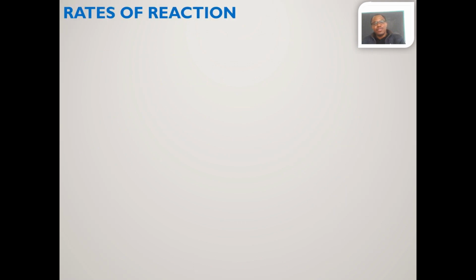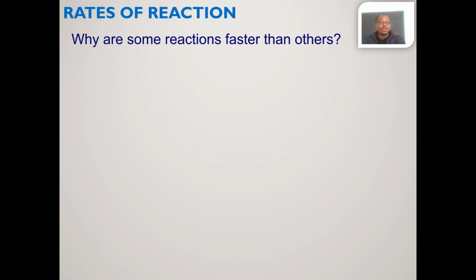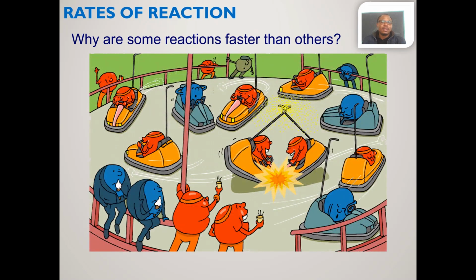The rate of reactions. Why are some reactions faster than the others? This illustration contains several discussion points relating to reaction rates, including red characters. These represent particles that have a large amount of kinetic energy, and therefore they are likely to react.